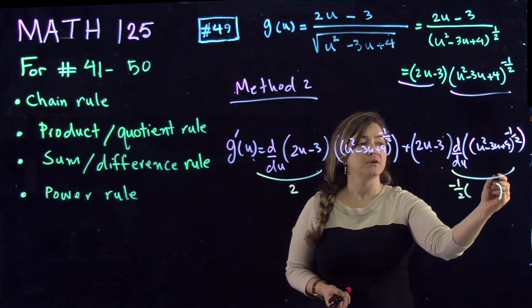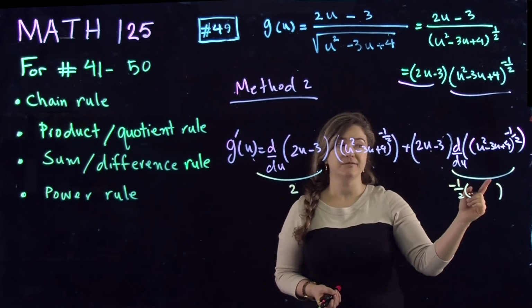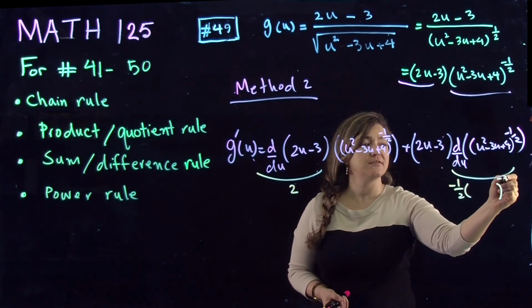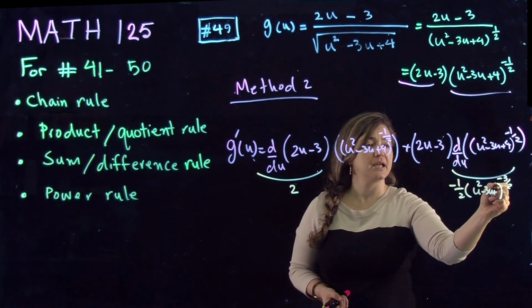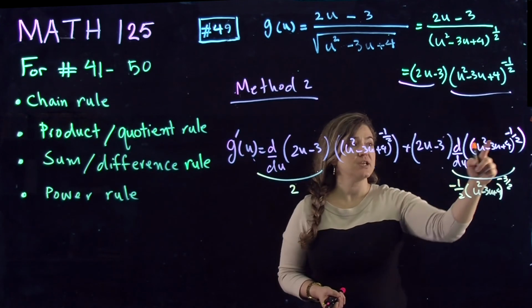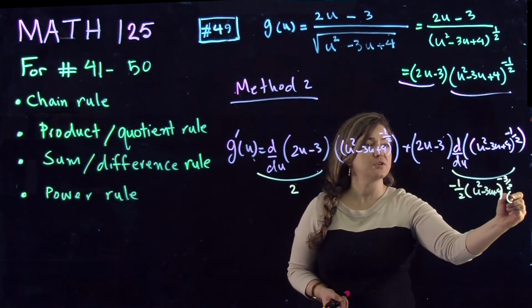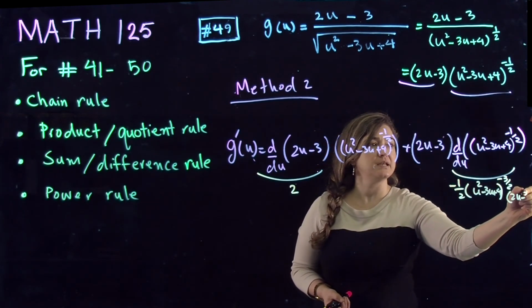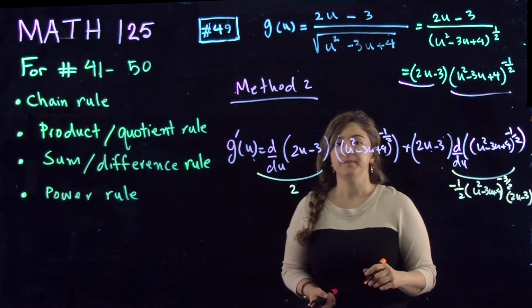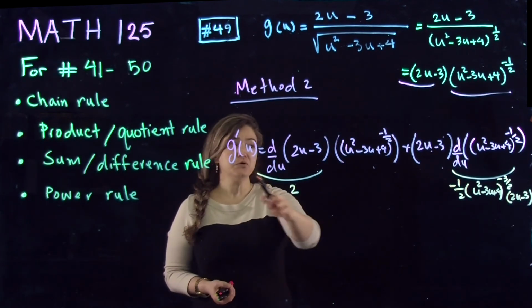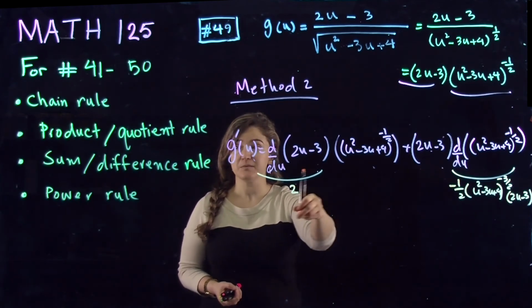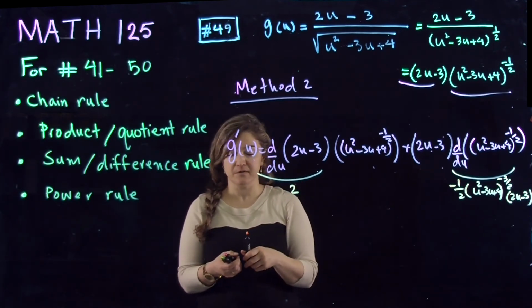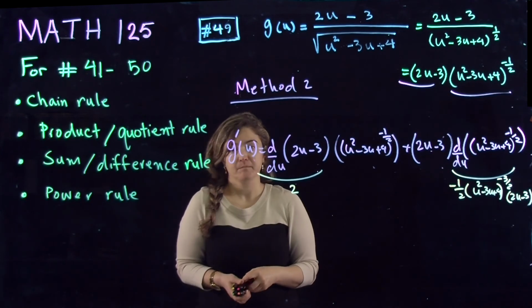Everything to power 1 less, negative 1/2 minus 1, which is negative 3/2. And inside goes unchanged. Then derivative of inside, which is 2u minus 3.